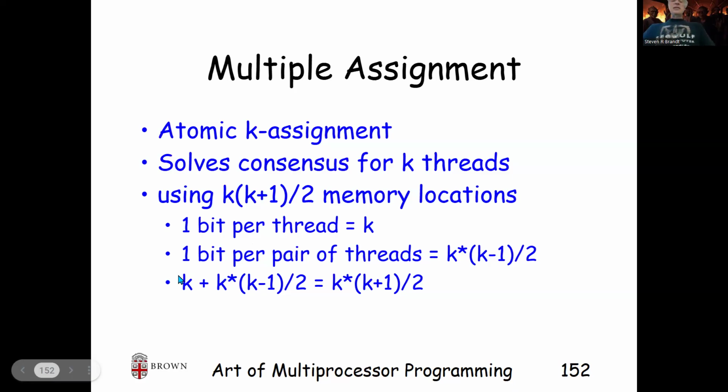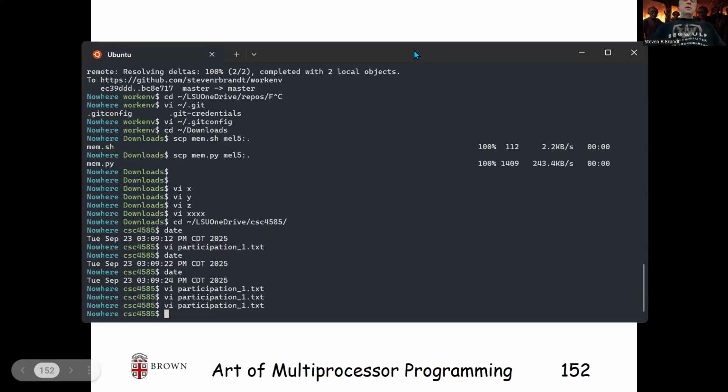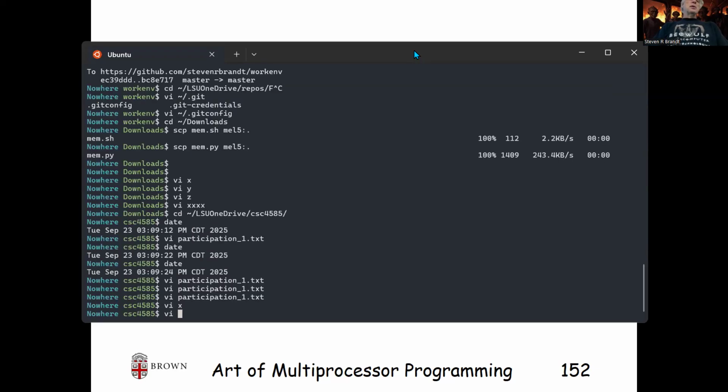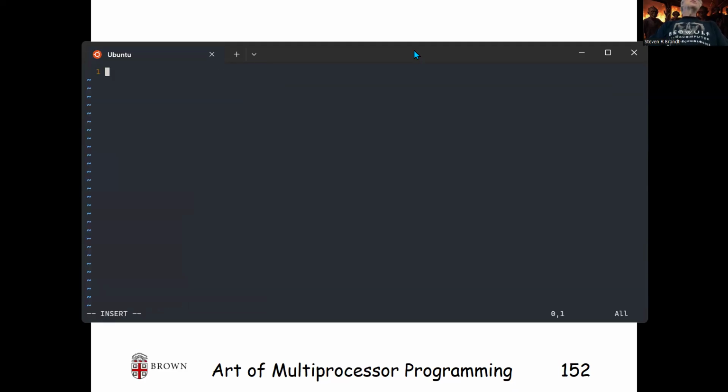So if I have 3 threads, 0, 1, and 2 are my threads.